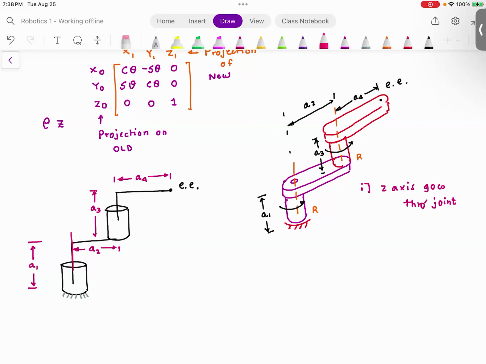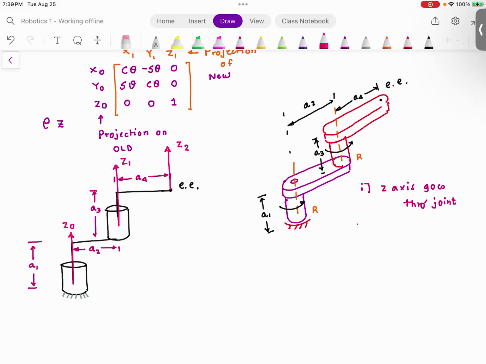So this axis is going to be z0. The second axis is going to be z1. And then at the end, we have an end effector. Just for simplicity, I'm going to assume that Z0, Z1, and Z2 are like this.